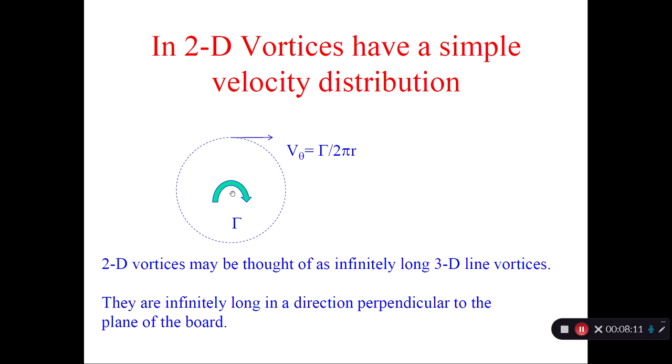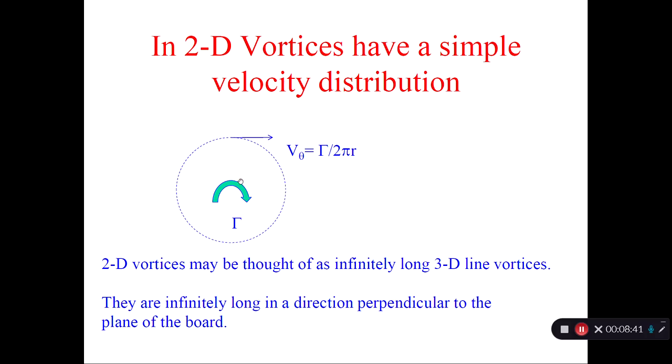Now you could think of this as a 3D vortex. The vortex is coming towards you, perpendicular to the plane of the paper, all the way to plus infinity. It also goes into the plane of the paper all the way to minus infinity. So if you think of this as a y-axis, and this as a z-axis, the vortex is going from x equal to minus infinity to x equal to plus infinity.